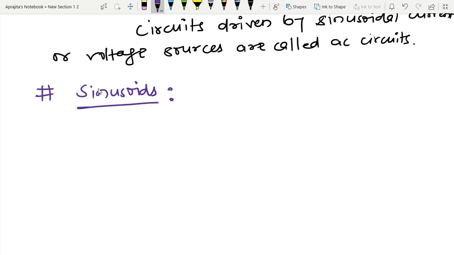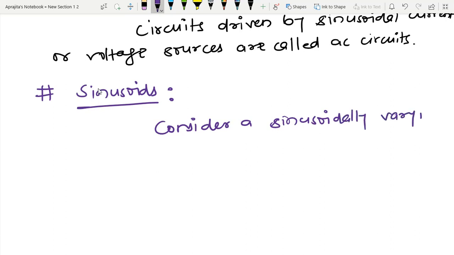We began with a basic discussion of sinusoid. Consider a sinusoidally varying voltage.